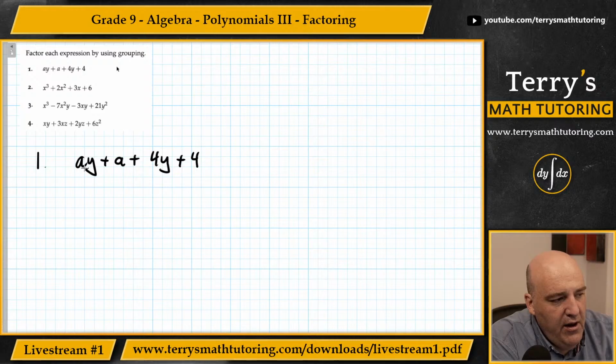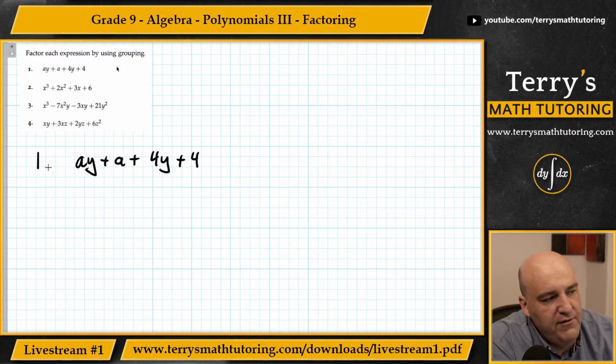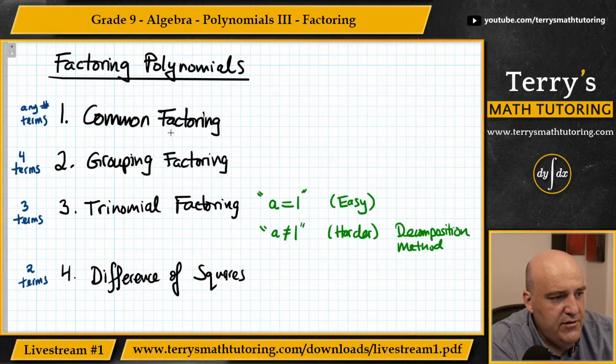If you look at all of these, there's no number that divides into all of them. 4 goes into these 2 guys, but 4 does not go into those terms. A is in here and here, but not there and there. Y is in these guys, but not those. So common factoring does us no good on this one. We really do need a different kind of factoring, and this is our second style of factoring we mentioned, which is grouping.